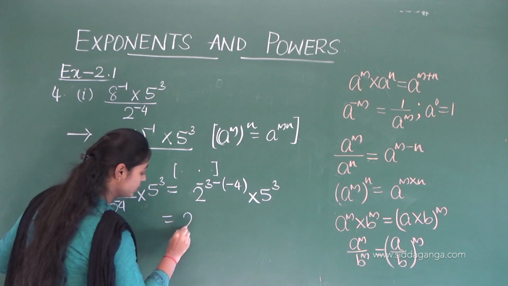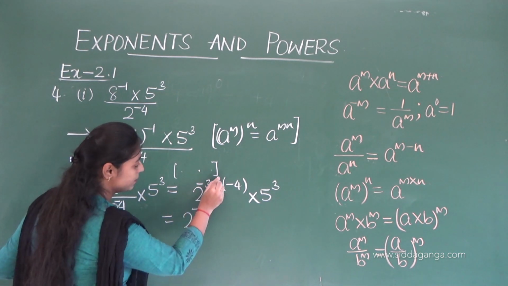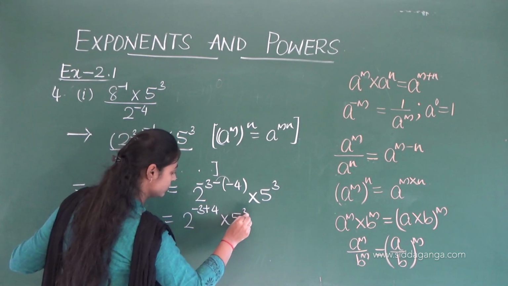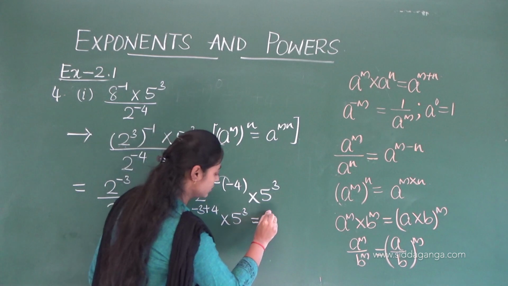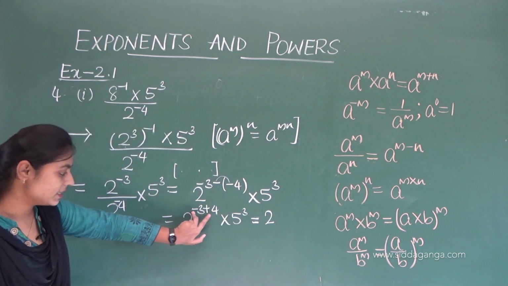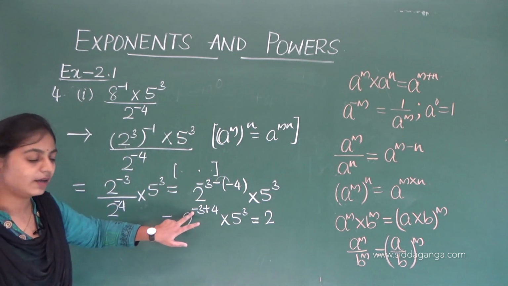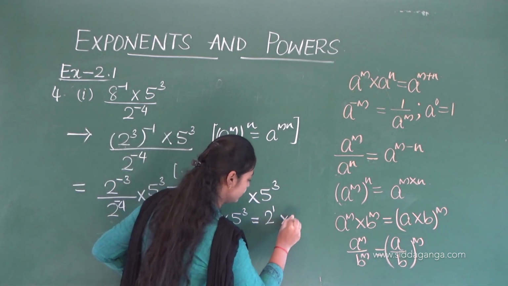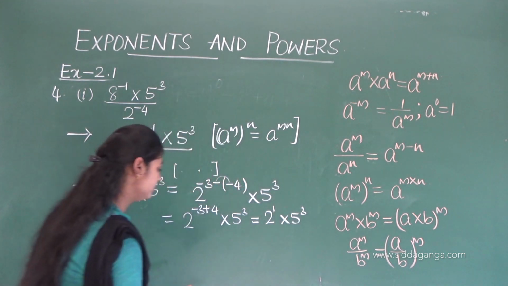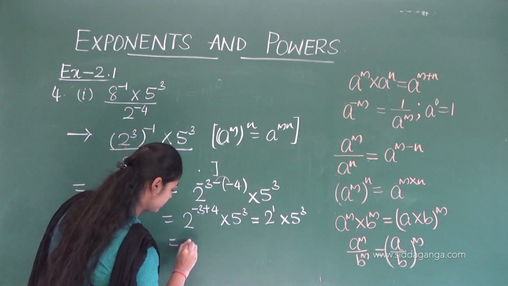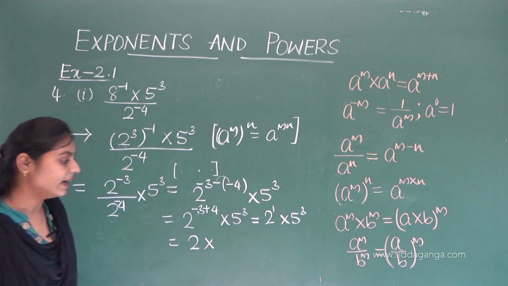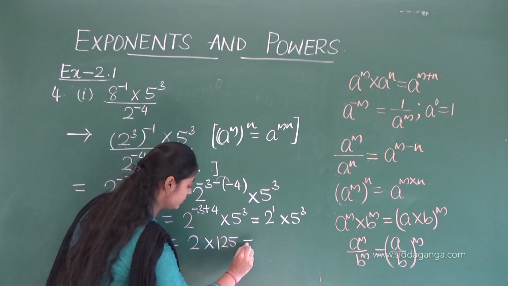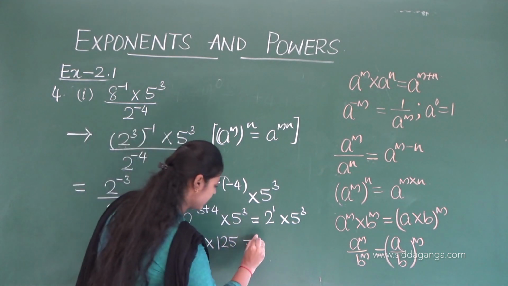That is equal to 2 to the power of minus 3 minus into minus plus 4 into 5 cube, that is equal to 2 to the power of minus 3 plus 4. When there is one negative number and one positive number, we have to subtract those two numbers. Minus 3 plus 4 is 1, so 2 raised to 1 into 5 raised to 3. 2 raised to 1 is 2, into 5 cube is 125. So 2 into 125 gives 250.